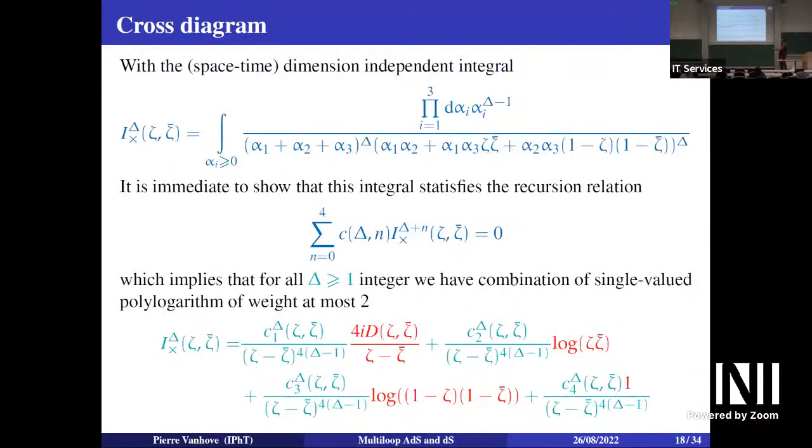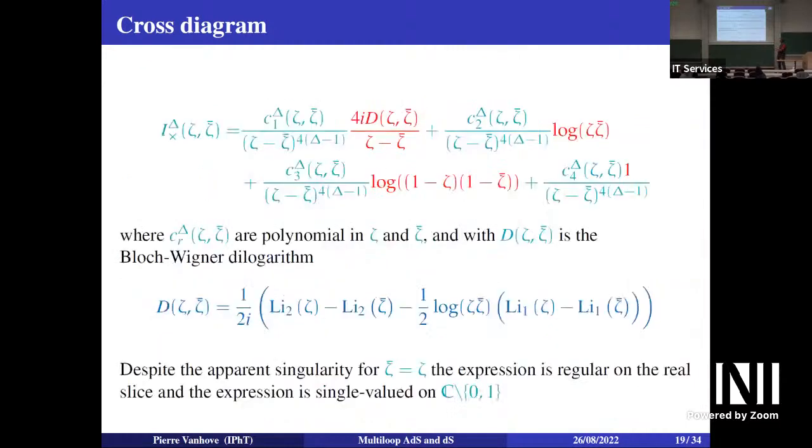If you compute the value for delta equal 1, you plug delta equal 1 in there. Either you immediately recognize that it's going to give you the Bloch-Wigner D logarithm, or you use the program by Erik Panzer to get it. This function is a function of zeta and zeta bar, and it's a single valued D logarithm.